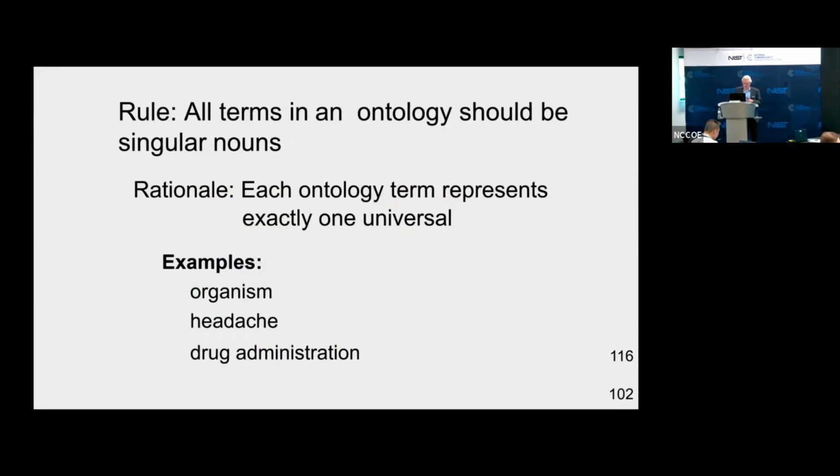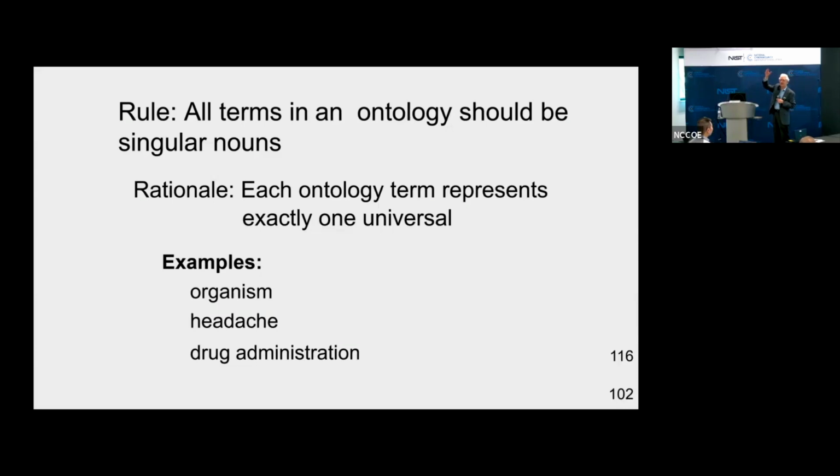Now, another rule, which it's very, very cheap to follow: every term in an ontology should be a singular noun or noun phrase. So, drug administration or headache. I don't really need to give examples, but the main classification of medical information, which I've forgotten the name of, has the very nice axiom, 'socialism is our political systems.'